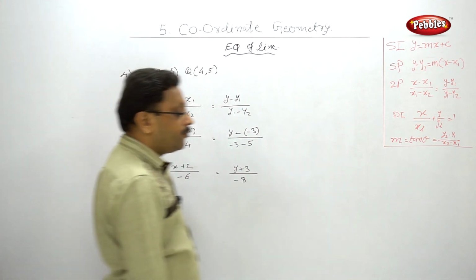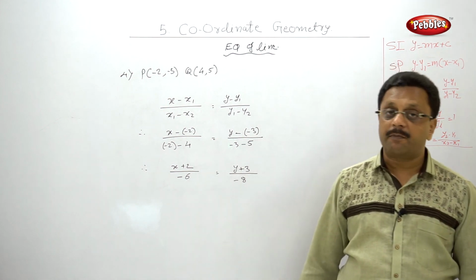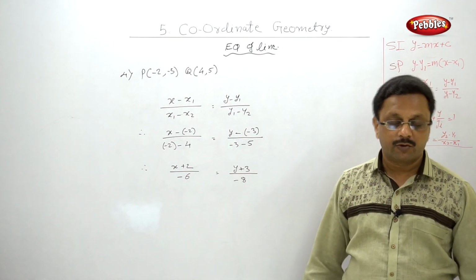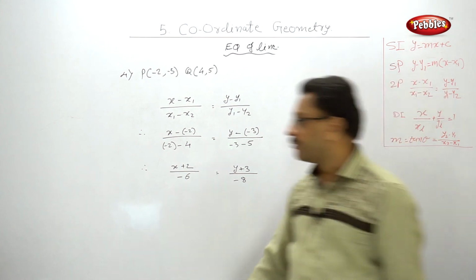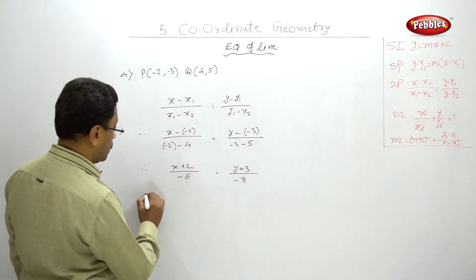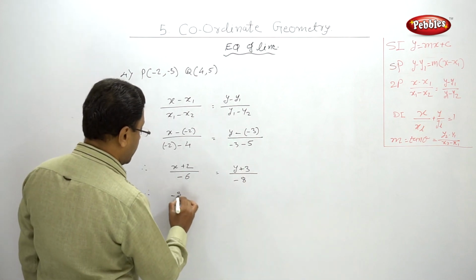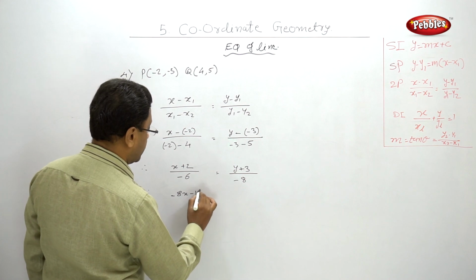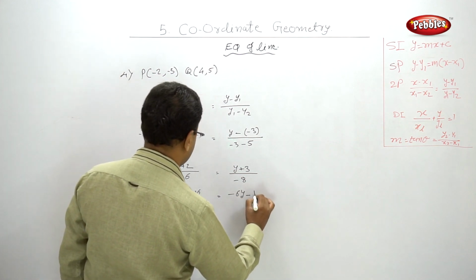But we have to write the final answer in the linear form, that is ax plus by plus c equal to 0. So let us write this answer in linear form. We will have minus 8x minus 16 is equal to minus 6y minus 18.